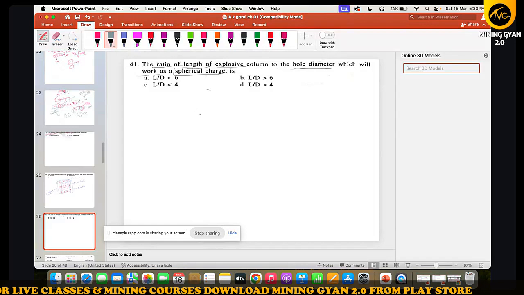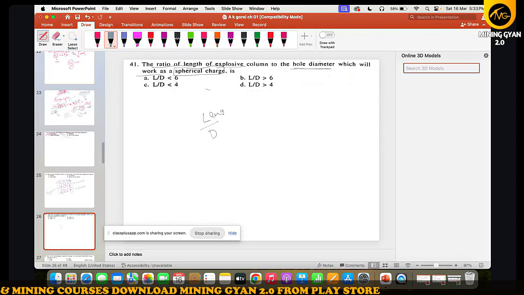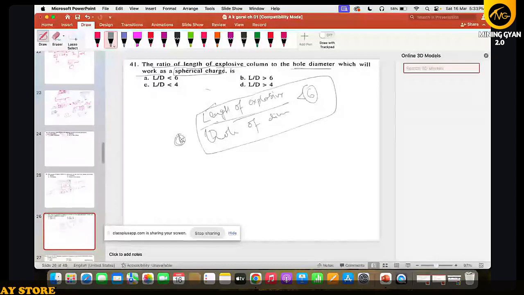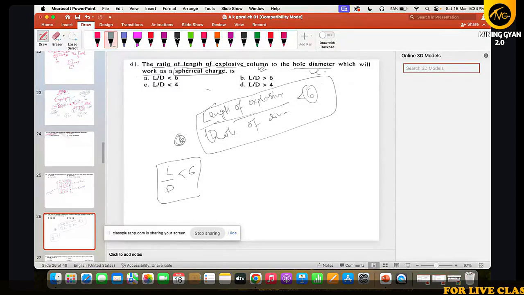For spherical charges, the length of explosive by hole diameter, L by D, should be less than 6. You should know this formula. So L by D should be less than 6, the ratio of the length of the explosive column to the hole diameter should be less than 6.